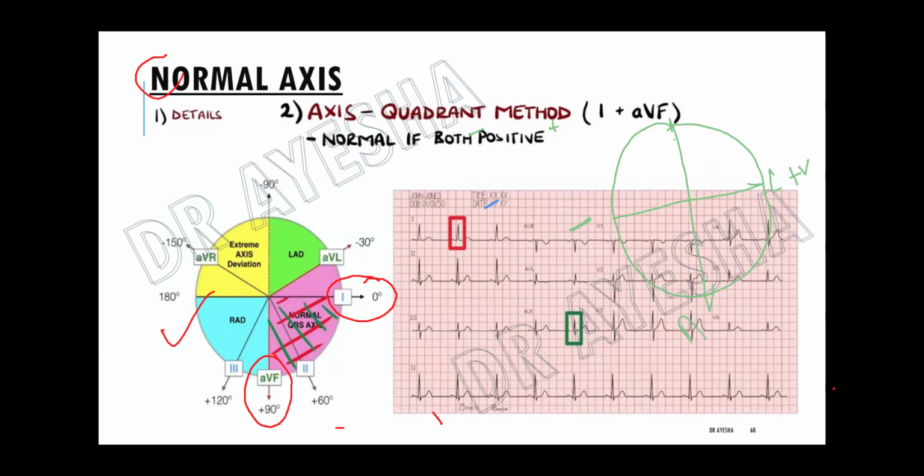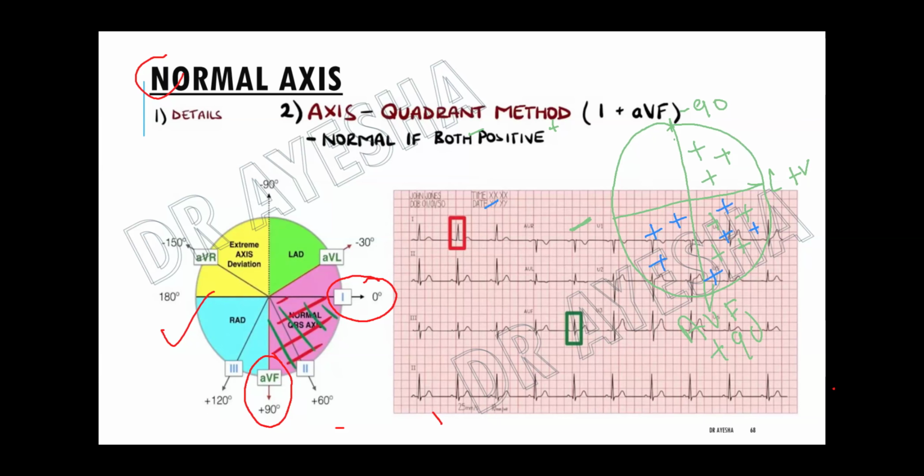When we talk about the AVF, positive is in the downward direction and negative is -90 in the upward direction. Now, when we look at lead 1, that is positive. I am assuming that the current could be in this whole half of the circle. When I look at the AVF, AVF is also positive. I'm seeing the current could be throughout this direction because AVF is positive.